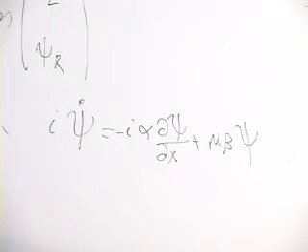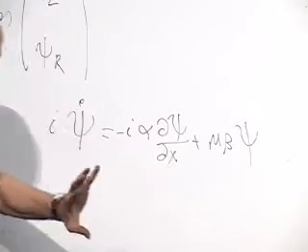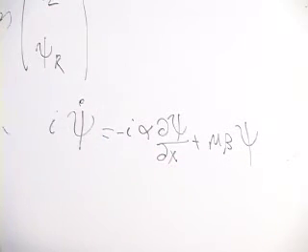In this form, it's just absolutely explicit what the equations are. And beta interchanges psi left and psi right. So these equations become coupled equations. The left and the right movers become coupled. That's what a mass term does.